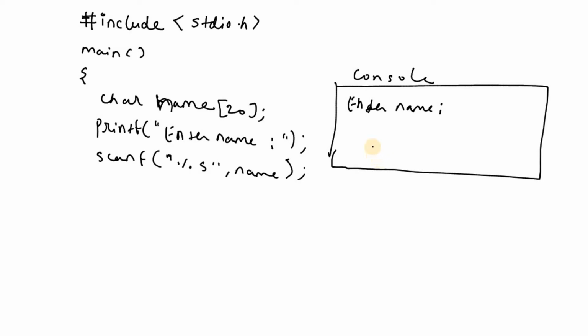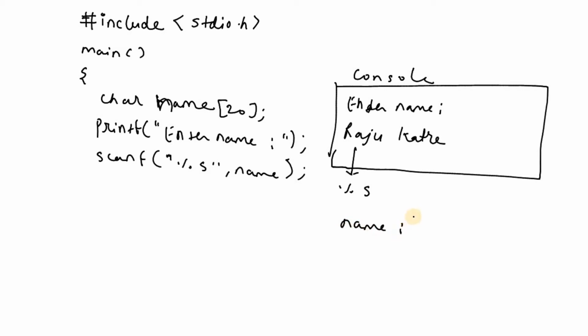Suppose we give Raju Katre with a space between two words. With the help of the first %s, the single string name will collect the value only up to the space.